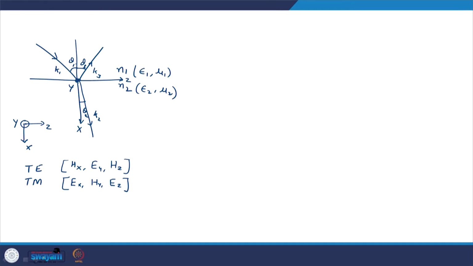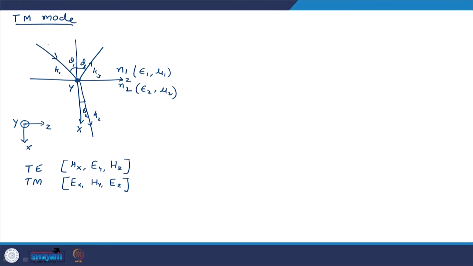So, we have this kind of wave, and let us say that we consider here only the TM mode, and for this mode the electric field vector lies in the plane of incidence.